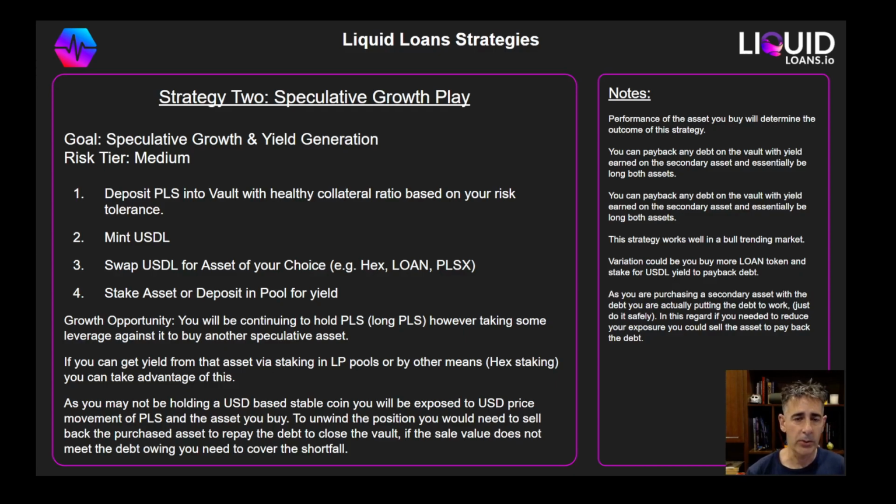And essentially what you're doing is you're holding onto your Pulse collateral. You're not letting that go, so you're still long Pulse. You haven't relieved yourself of that position. You've essentially taken a little bit of leverage against it though. So you've extracted some value out against that Pulse. And then you're going to buy another speculative asset on the hope that that asset goes up, and ideally you'd be able to pay back the loan on your vault.